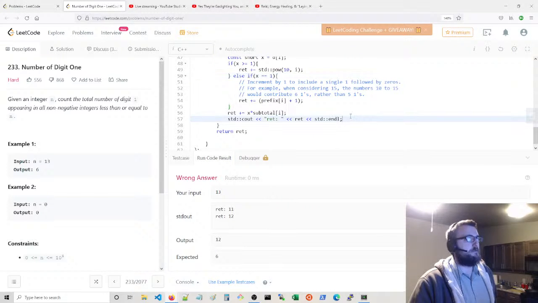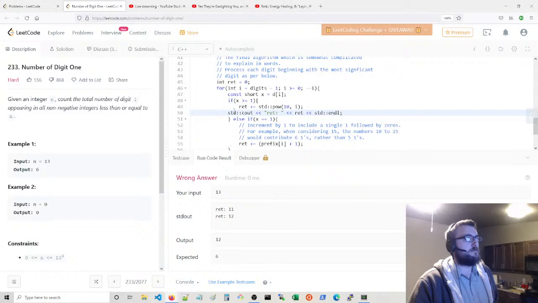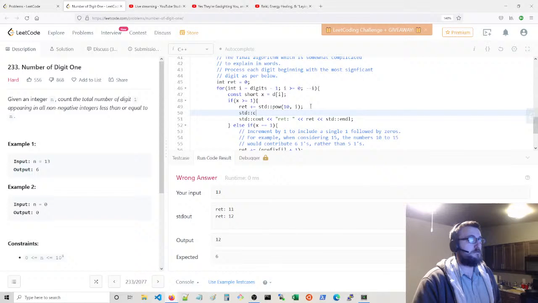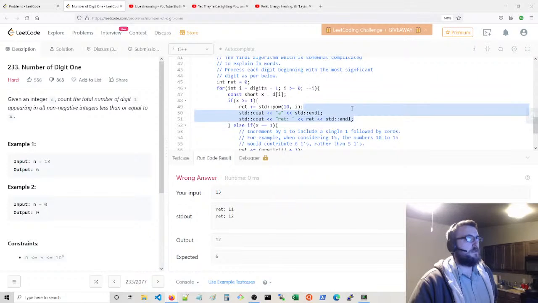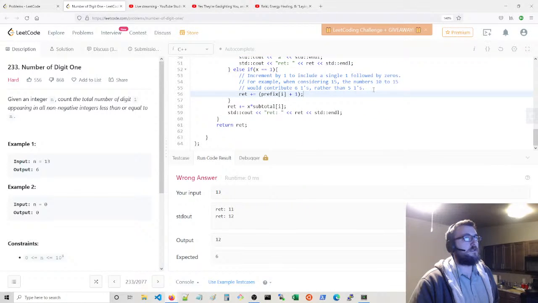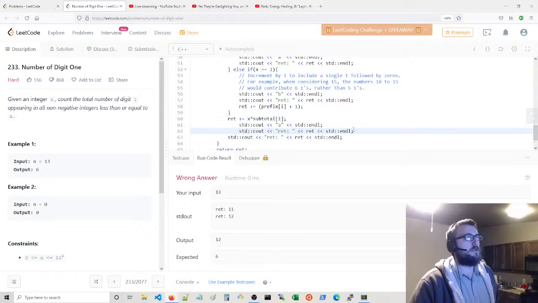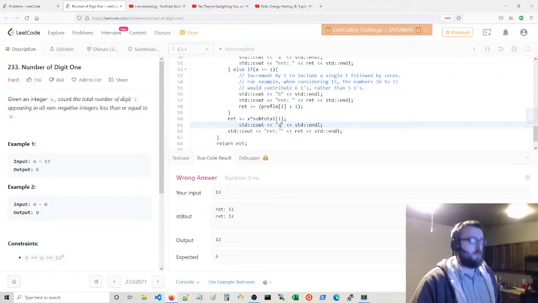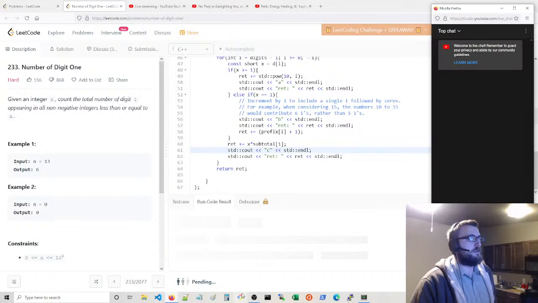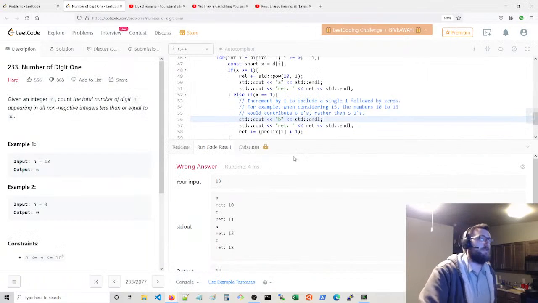So let's do A and B. I'll just make this C, just so we can at least see what's going on here. We should be pretty much done here, though.